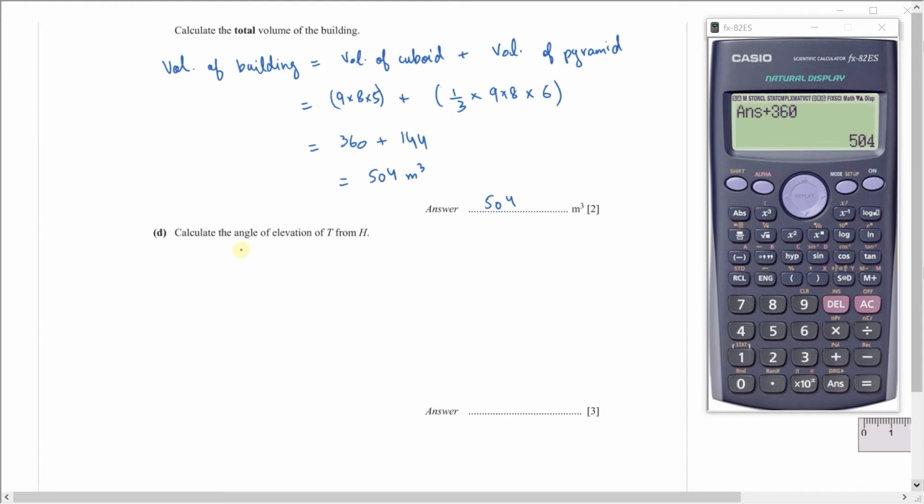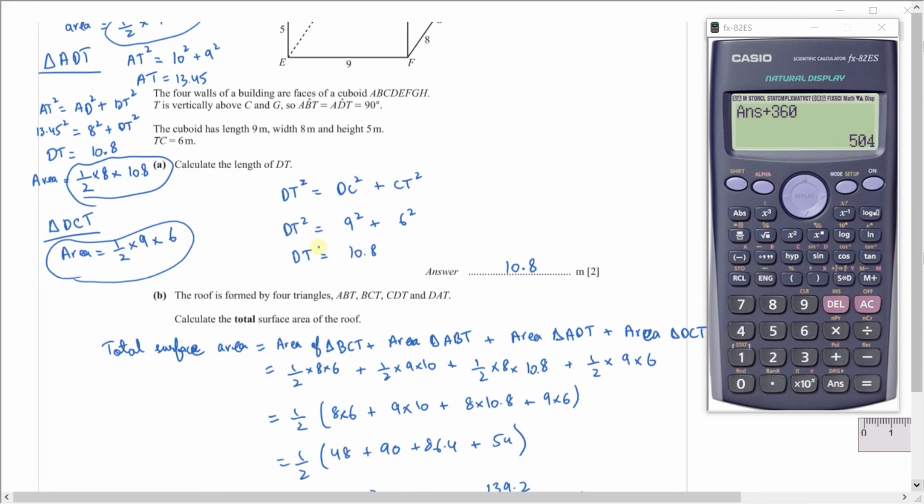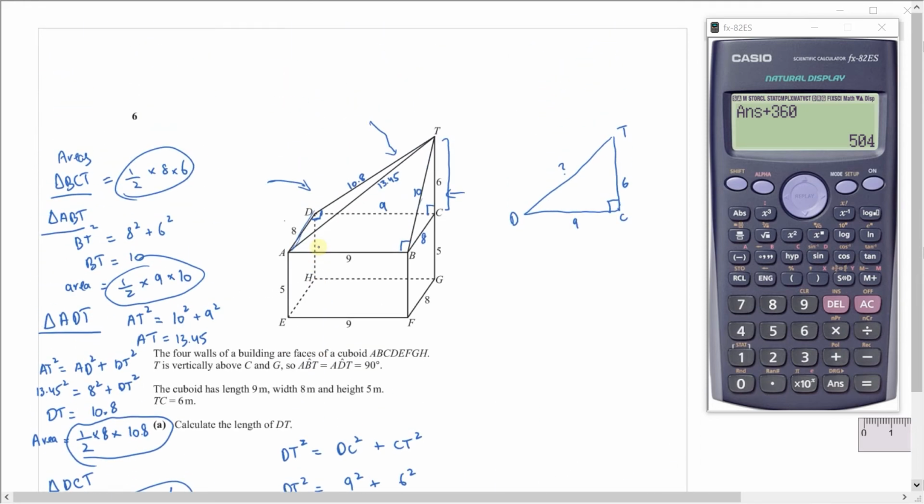Part D is calculate the angle of elevation of T from H. So let me just erase all of this. The angle of elevation of T from H will be this line.